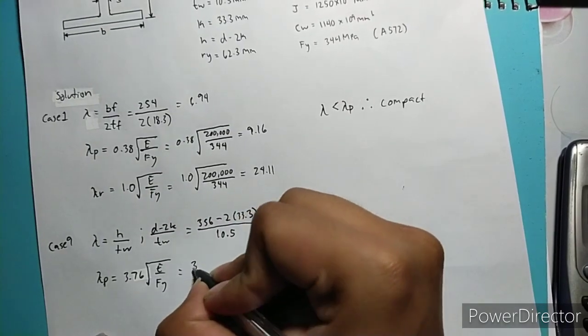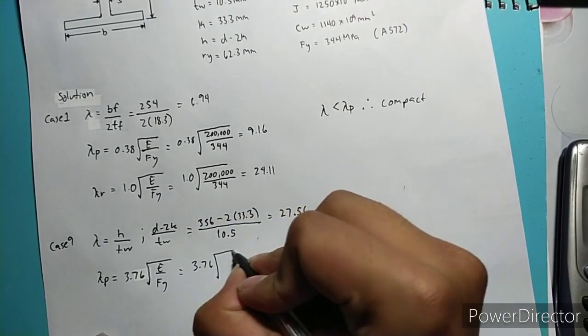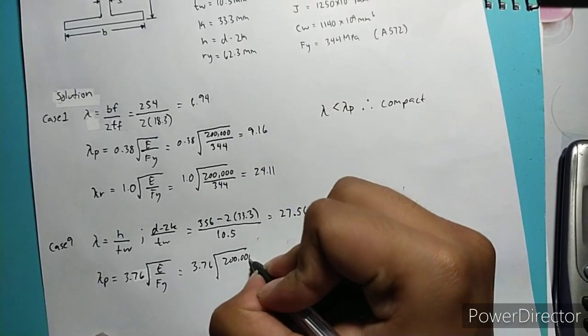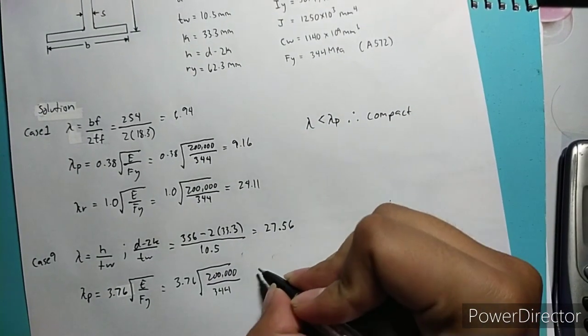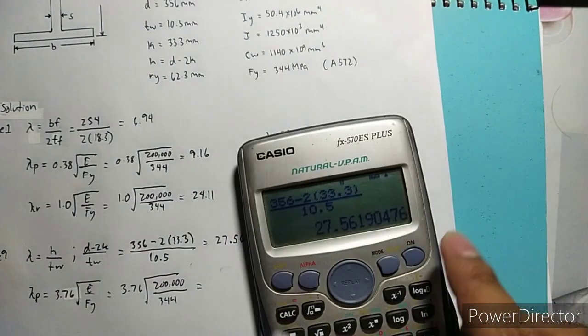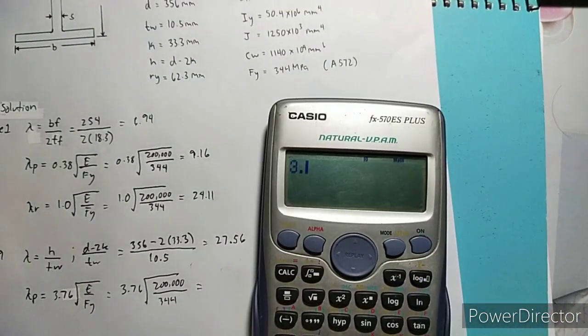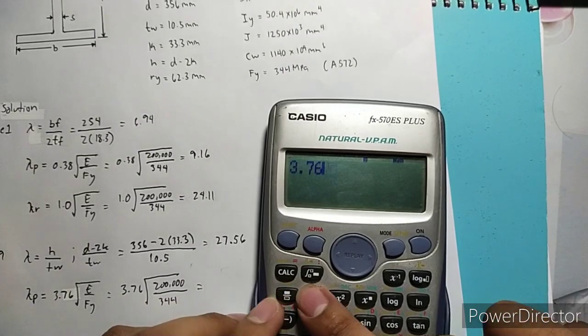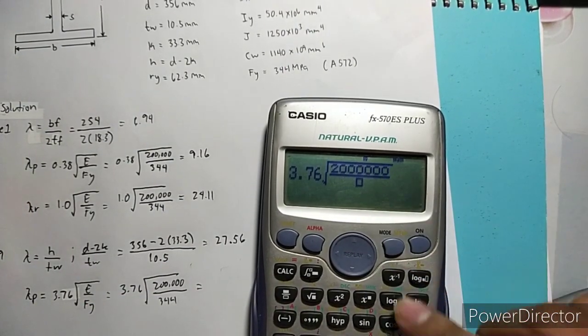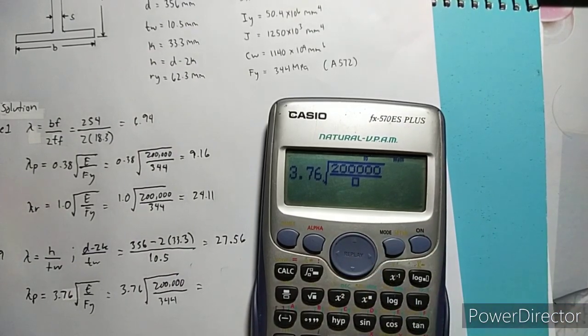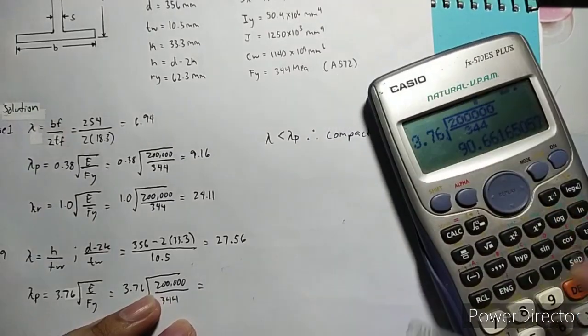So, 3.76 multiplied by square root of 200,000 over 344 equals 90.66.